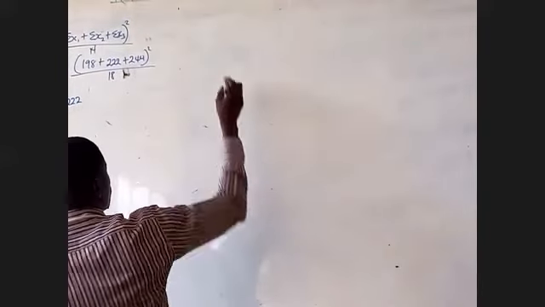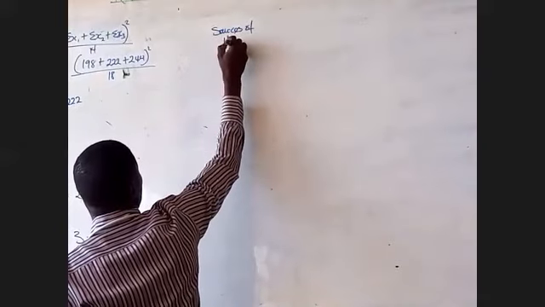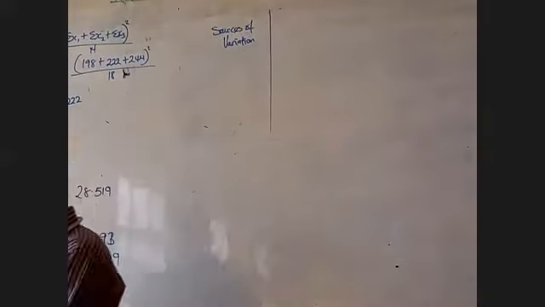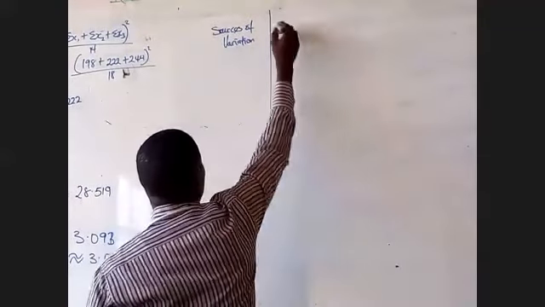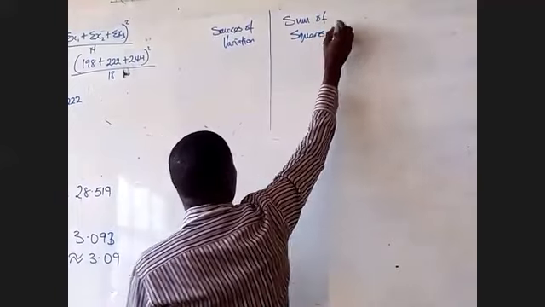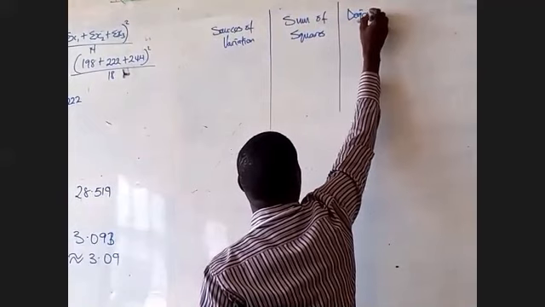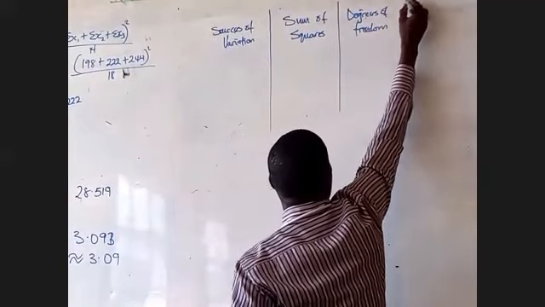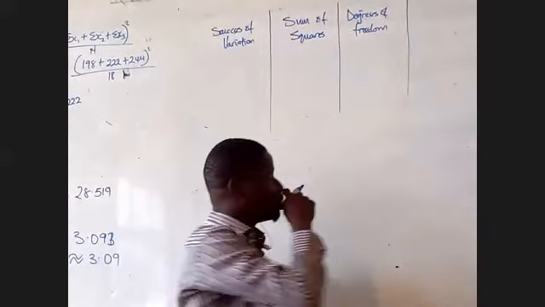So your table is going to contain the sources of variation, the sum of squares, the degrees of freedom. Yeah, this is the continuation of the question. This is the answer, but you don't stop there.